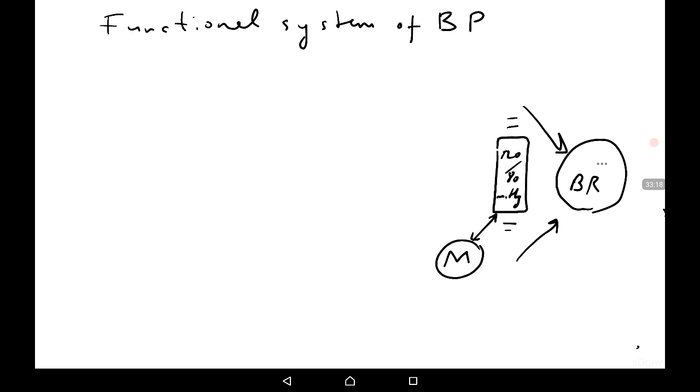Baroreceptors produce a high frequency of spikes when blood pressure increases. So we will draw it here.